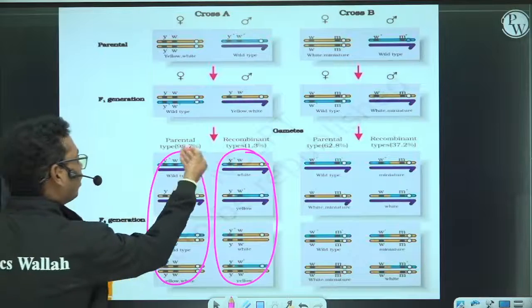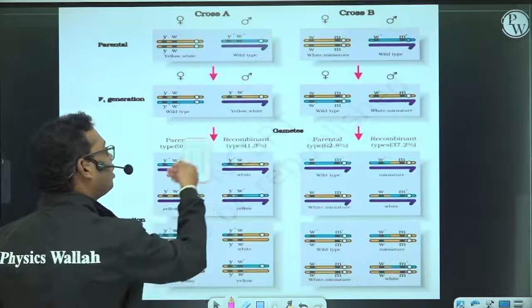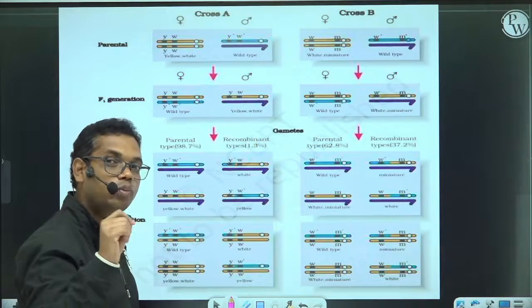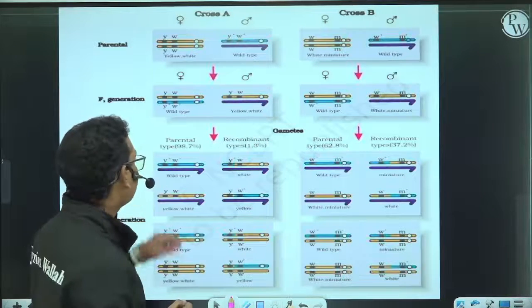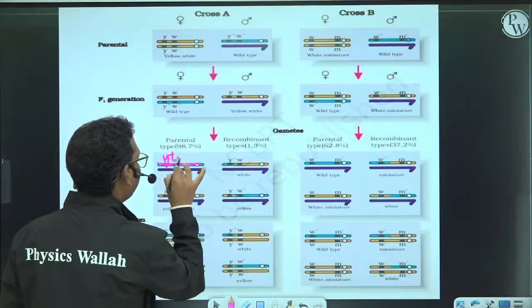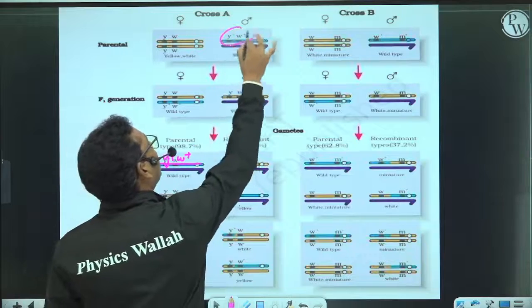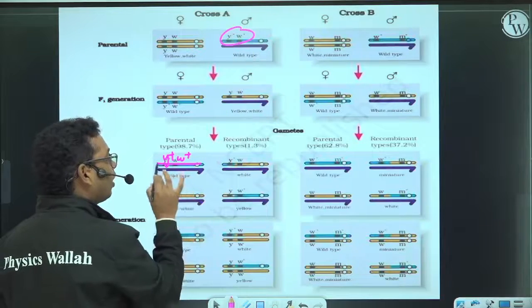For the parental generation you do not have to look at both chromosomes together; you have to look at every chromosome individually. So you just look at this chromosome, here it is y plus and w plus.